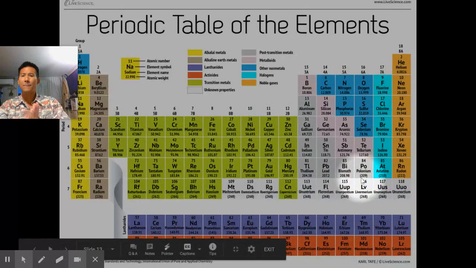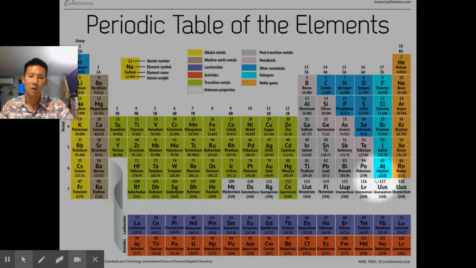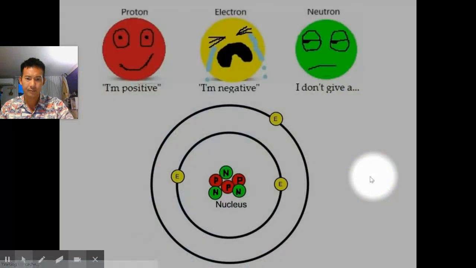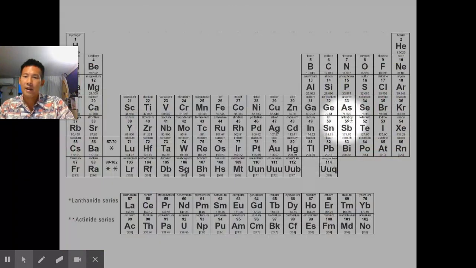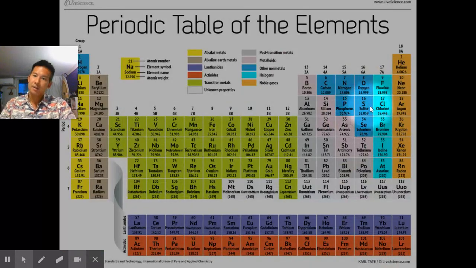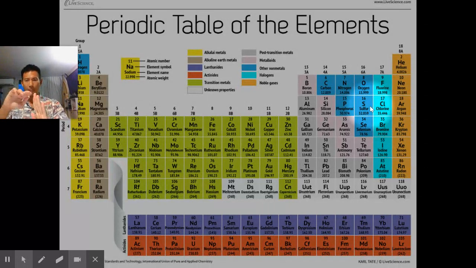Okay, now, because certain elements, remember before, the electrons are in different levels. Certain atoms and elements may possess a similar property, and it is because at the outermost level of their electrons, they may possess the same amount of electrons.